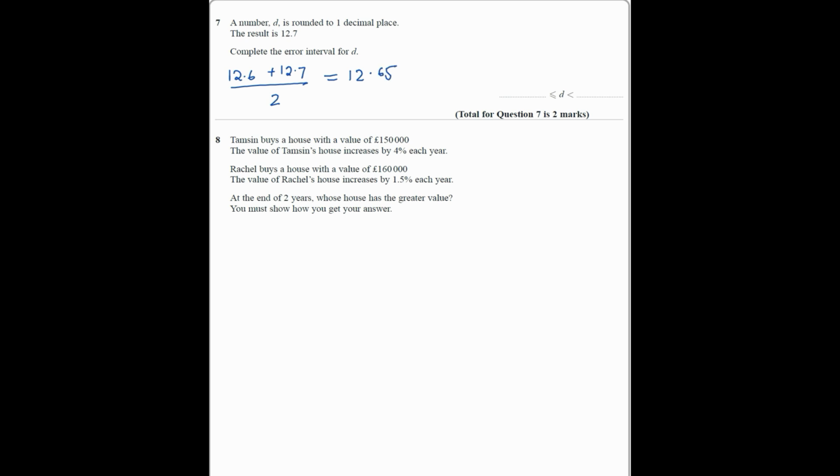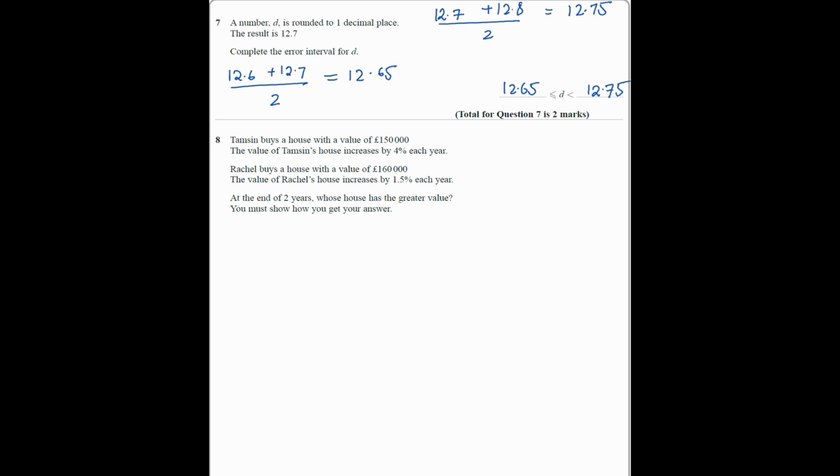And the highest value that would round to 12.7 is halfway between 12.7 and 12.8. So 12.7 plus 12.8 divided by 2 equals 12.75. So the error interval is 12.65 till 12.75.